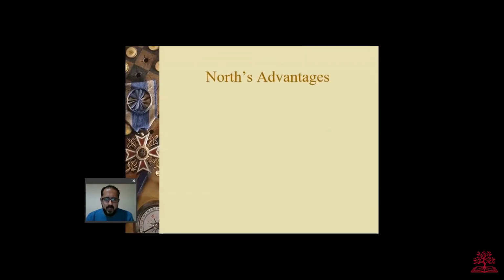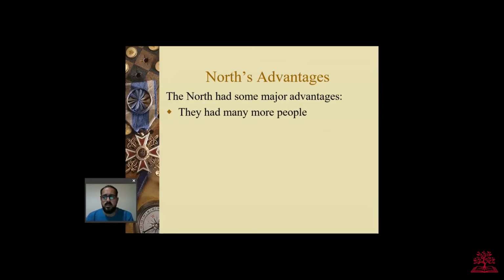Now, we're going to compare the North's advantages and the South's advantages. The North had some major advantages. Let's see what they are. They had many more people. Again, remember the reason why Abraham Lincoln won the election is that there were more people in the North.